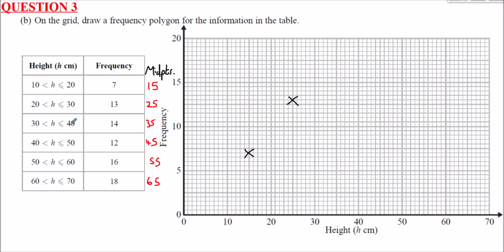Then it's 35 and 14, so 35 all the way up to 14 would be this point, as so. 45 and 12, so 45 would be this point here, then up to 12, that's 11, that's 12.